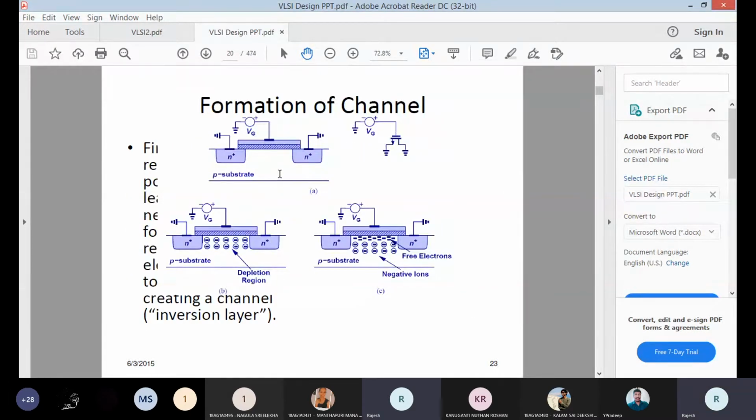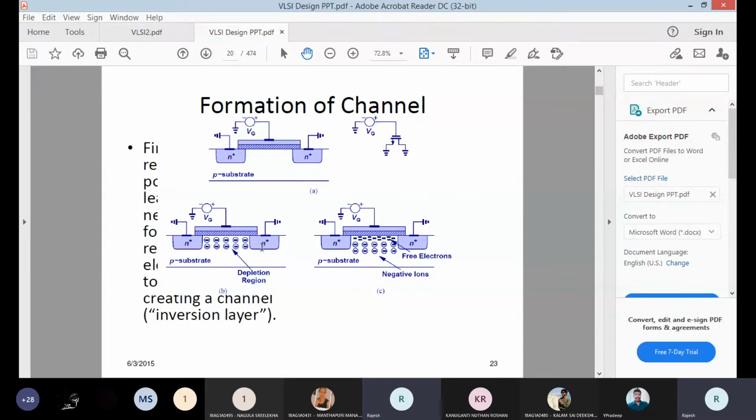So now we are applying some positive VGS. When you apply positive VGS, you can see source and drain are at the same potential in the second diagram, but VGS is positive. The electrons are coming and settling in this semiconductor region, and this is called channel inversion.